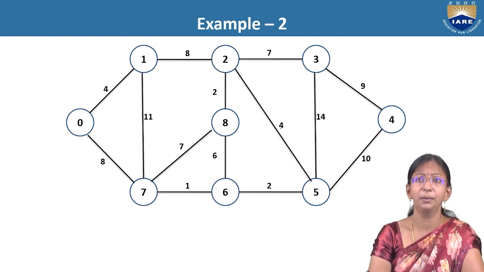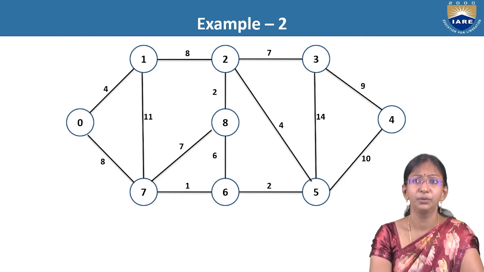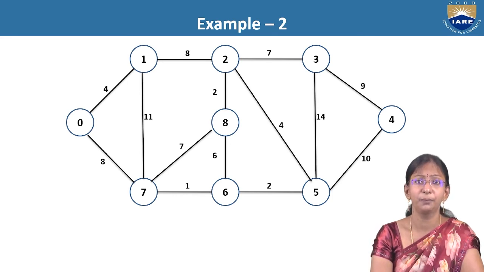You can see many circuits are there, from 1 to 7 to 8 to 2 to 1 again. One circuit is there. Many circuits are there, right? We need to break them all to get a minimum spanning tree, right? I hope you might have written it or taken a snapshot of it.